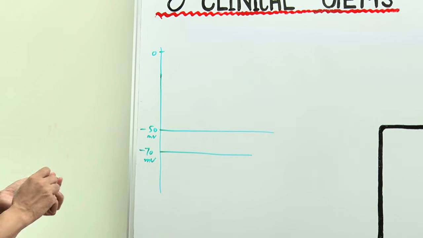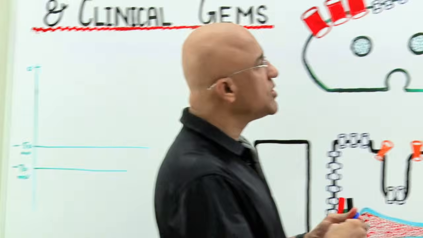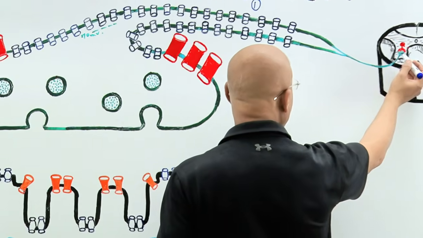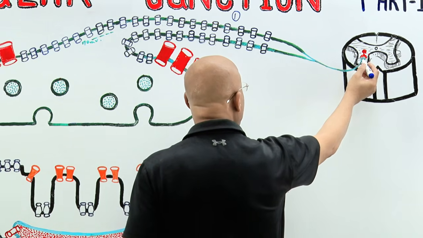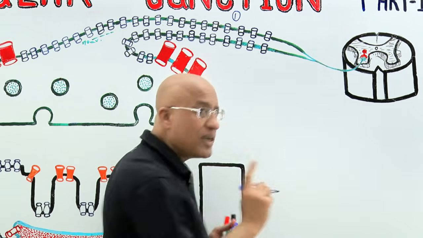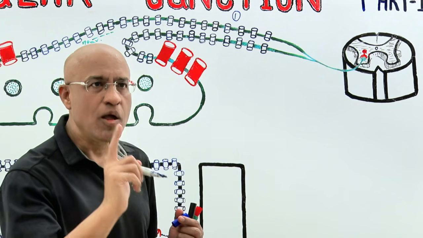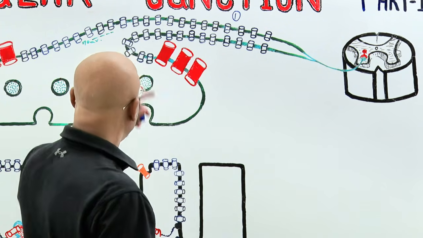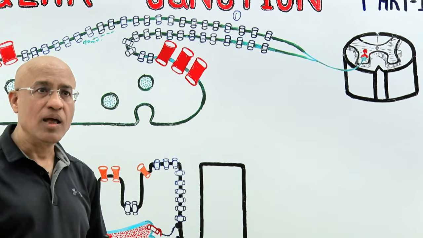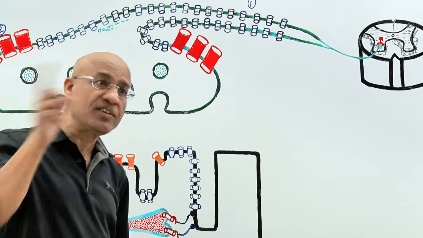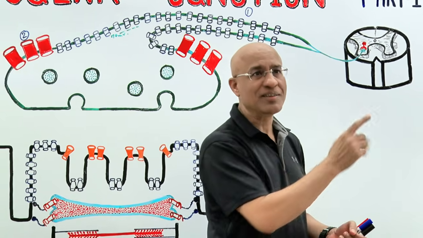And here is 0. Now what really happens? When this nerve is excited, when the alpha motor neuron is excited, it will produce a transient, temporary potential difference across the membrane. Temporary, transient, reversible, propagating: these are the features.